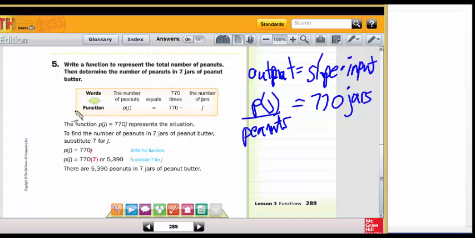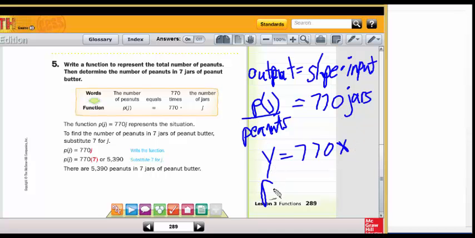So now let's take a look at this back over here. So the function P of j, we could consider that in our old system. We wouldn't use y here. We could say y equals 770x. That's the way we originally started. But remember, we started talking about how let's start using letters here that let us know specifically what we're talking about.